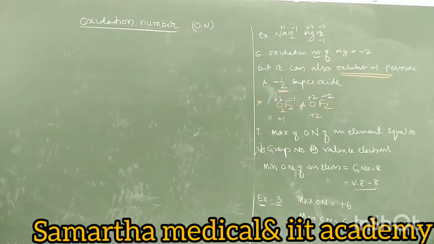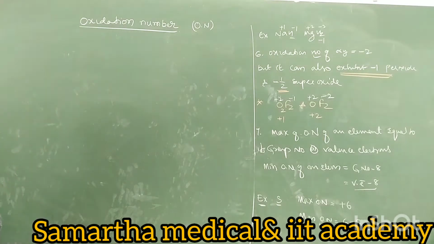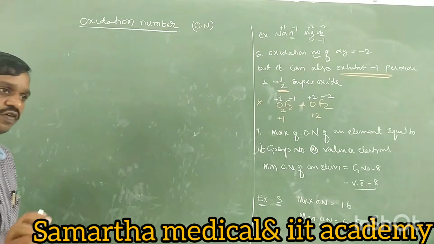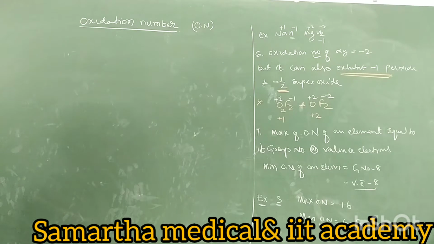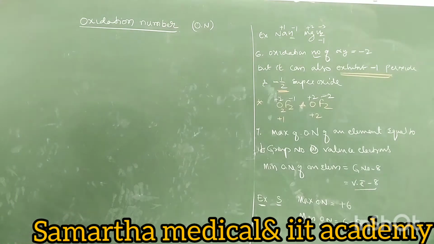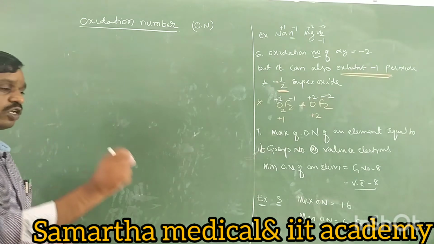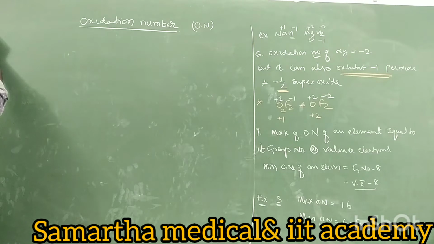Okay, next point. Sometimes if the oxidation number of an element exceeds its group number, it indicates a molecule having a peroxy bond or peroxy linkage, and its original or actual oxidation number is equal to the group number. Important. Yes, peroxy bond.